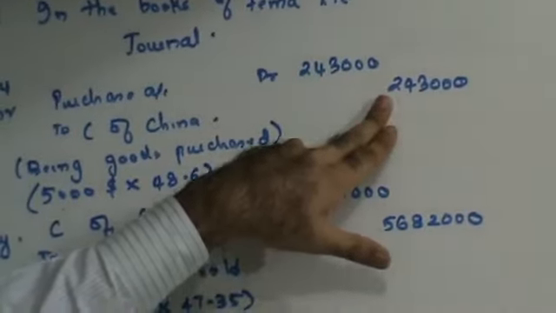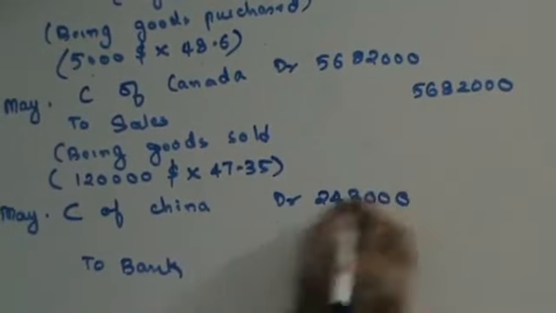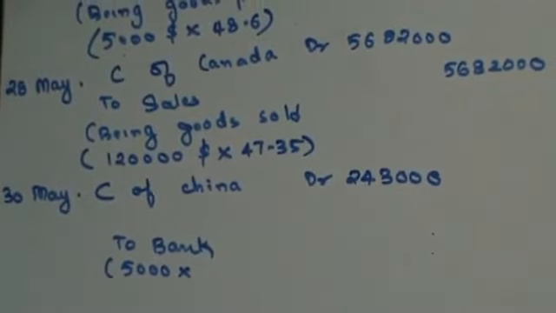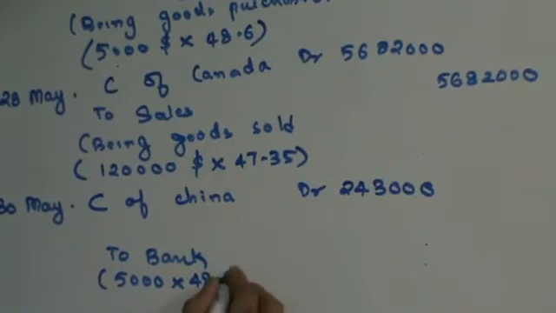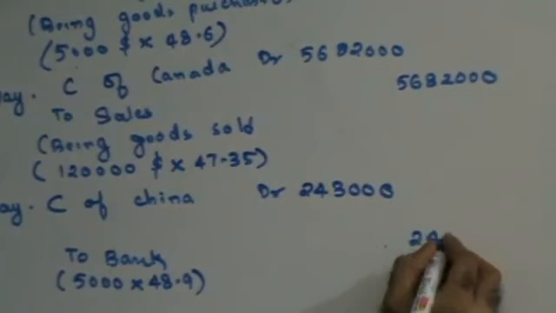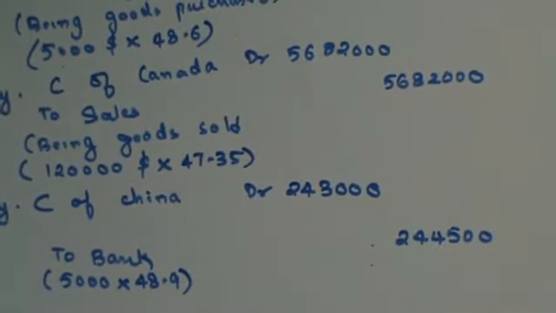Now Sea of China guys, the figure was 2,43,000. So I'm going to keep Sea of China as 2,43,000. I had purchased goods of $5,000. Now on 30th May the dollar rate is 48.9. Someone tell me how much is this? 2,44,500. The difference is called exchange difference.